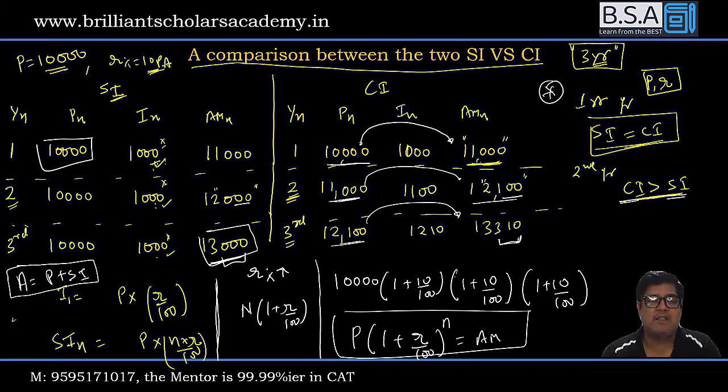Money multiplies, as we say. Money multiplies under compound interest and money is added under simple interest. I'll show you the benefits of this. Don't worry, I'll show you. I will remind you of these sentences when we are solving higher level questions.